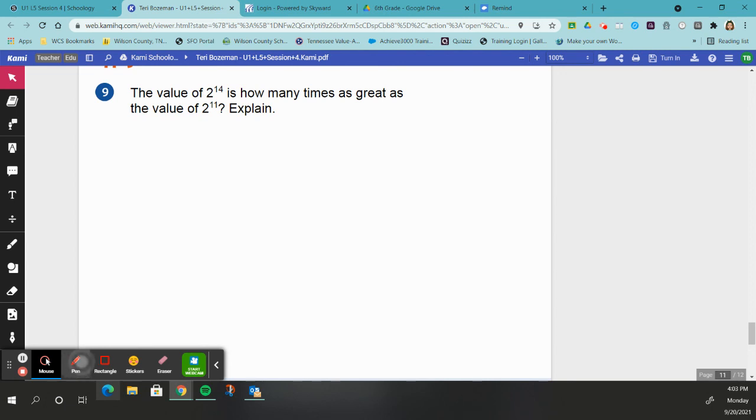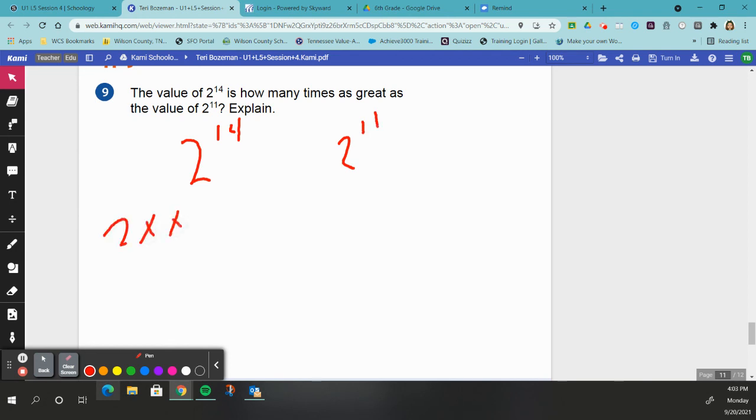So here, you're focusing on the powers. So 2 to the 14th power and 2 to the 11th power. When we multiply, we're just multiplying times 2 times 2 times 2 times 2, right? And we do that as many times as we have this exponent. Well, this exponent is 14. This exponent is 11, right?